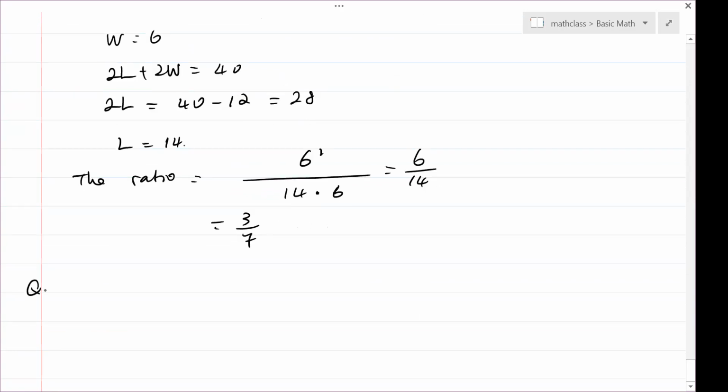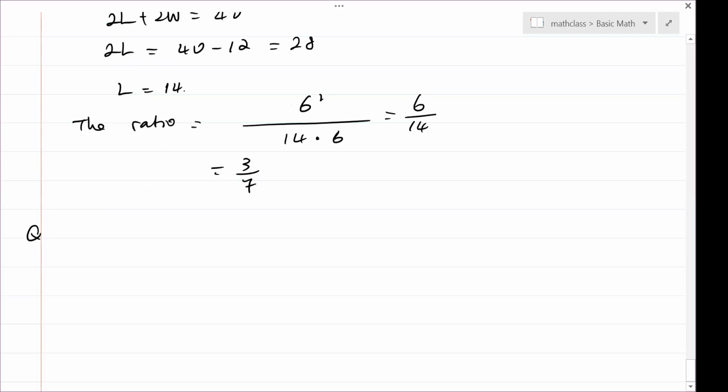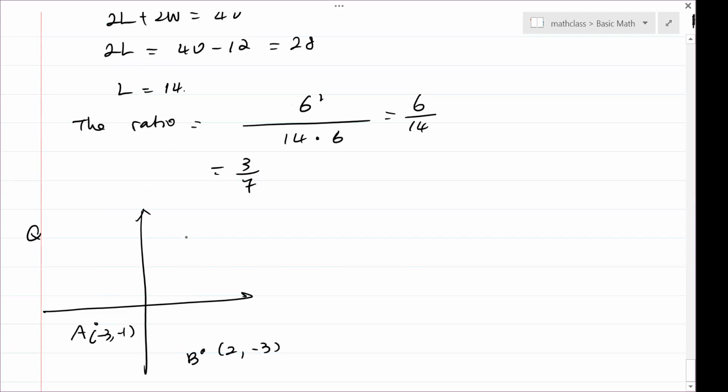Well, our next problem is going to be, I hope you remember this, right? I have 3 sides and 3 points. Here's -3, -1. And here's another point, B, 2 and -3. And that is C, 1 and 2. I connect those 3 points.